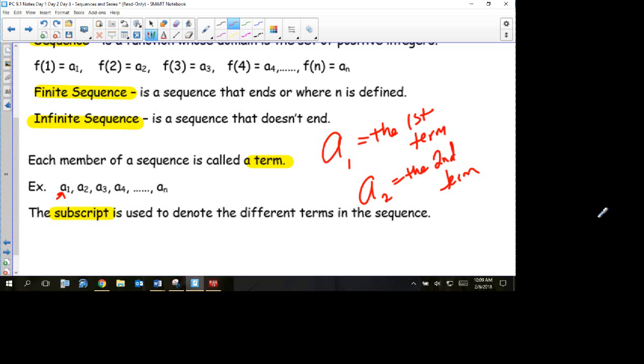So that sub number is not an operation, but it's just telling you which one. So a sub 4 is the fourth term. What's a sub n? The nth term. It is not the last term. It is the nth term.